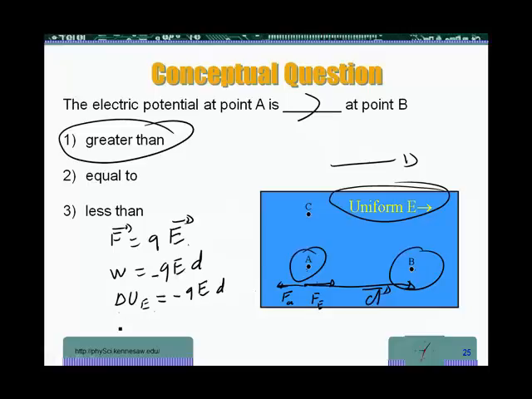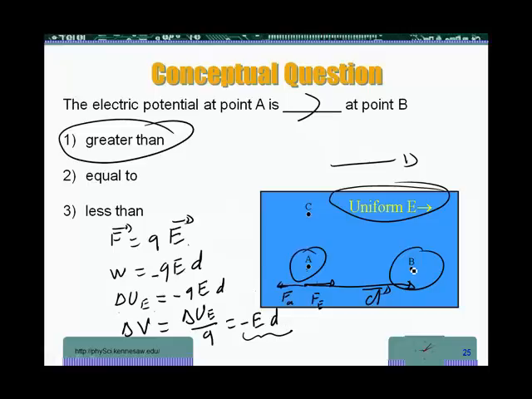What about the change in potential? The change in potential is going to be the change in electrical potential energy divided by the charge. So it's going to be minus ED. Since I moved in the same direction as E, I have a decrease in the electrical potential.